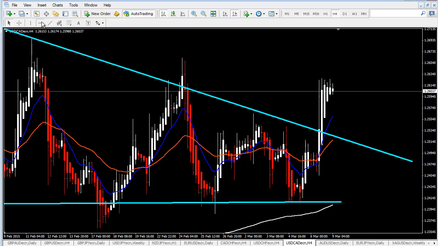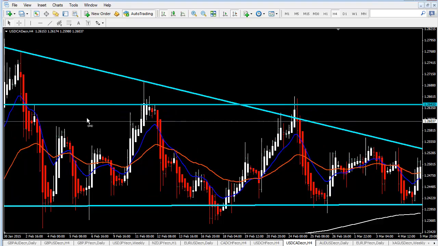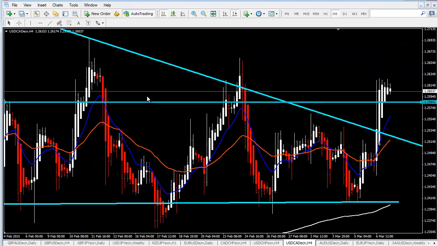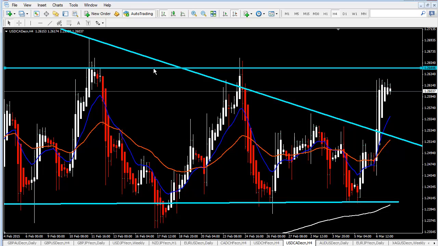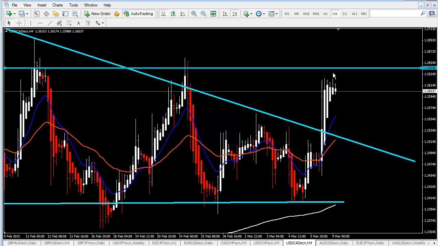You can also draw a horizontal line in this area, knowing that you have some spikes between here and here and here. You can leave it somewhere in the middle where you have the most touches, and you know, okay, this whole area is resistance. So what do you need? You really need this retracement at some point, and ideally a support line.